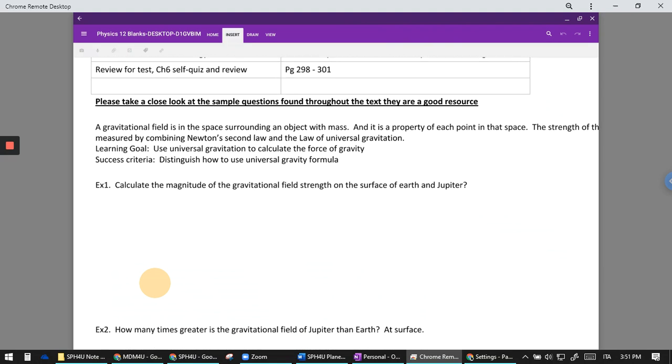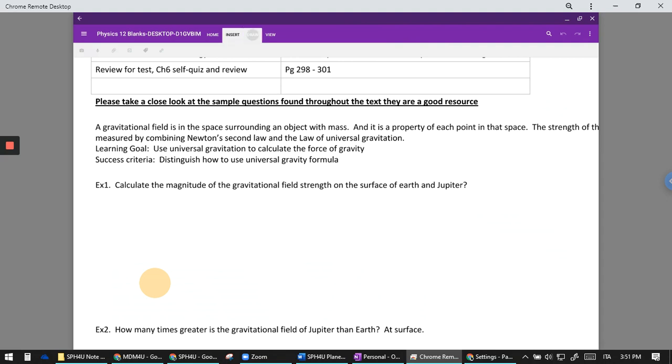The way that this note guide is set up, I ask several questions, and then as the questions unfold, we will get introduced to the new formula as they arrive, right? So calculate the magnitude of the gravitational field strength on the surface of the Earth and on the surface of Jupiter, okay?